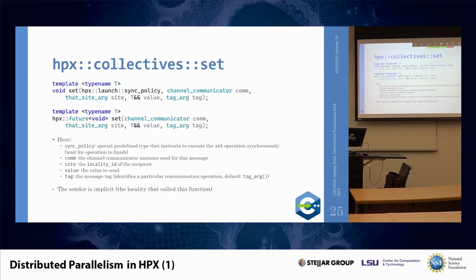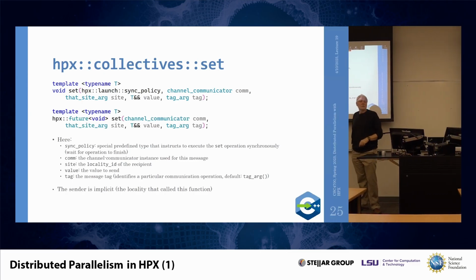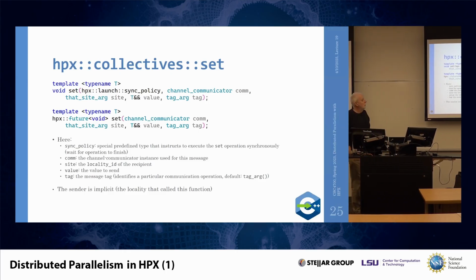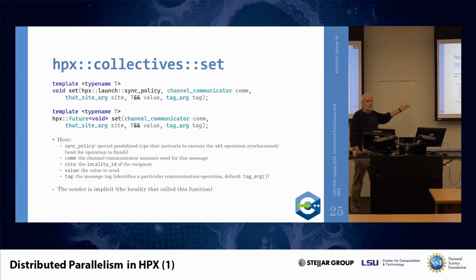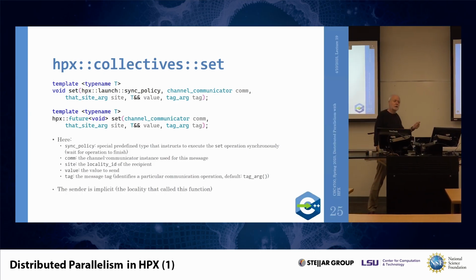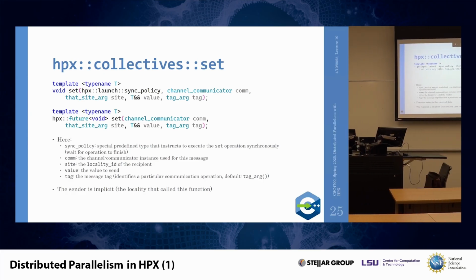But if you leave that off, then you get an asynchronous version, which gives you a future, as I said, and that future will become ready whenever the channel has accepted your value. It will return right away, but it will give you a future, and that future will become ready sometime later when the channel has received the value.